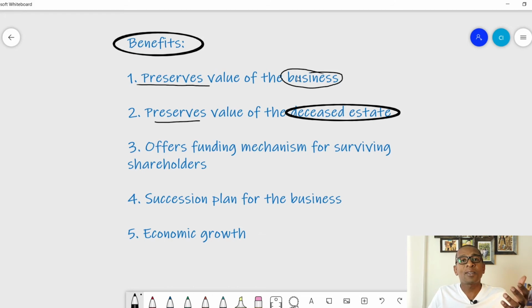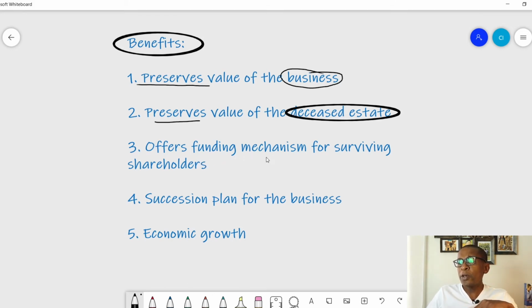So he needs that 7 million rands to come back into his estate. Hence, we're going into a buy and sell agreement, where we say Mr. Green will not offer, but will agree to purchase Mr. King's shares in the event of his death. So that preserves the estate of the deceased as well, in our case, Mr. King.